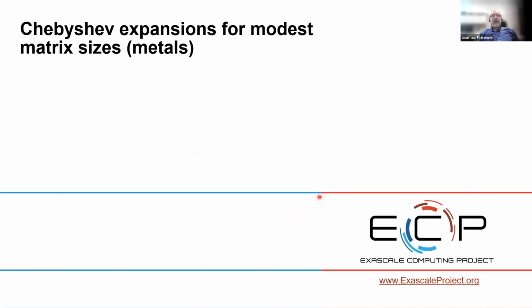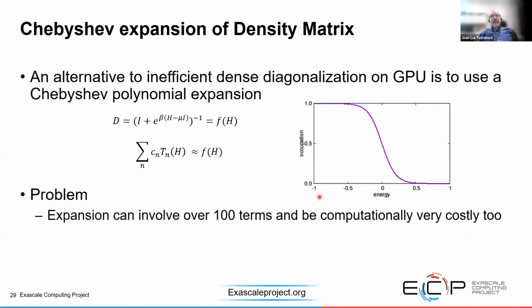So now let me talk about another algorithm we have been implementing in PROGRESS, which is the Chebyshev solver I mentioned earlier, specifically for metallic systems.